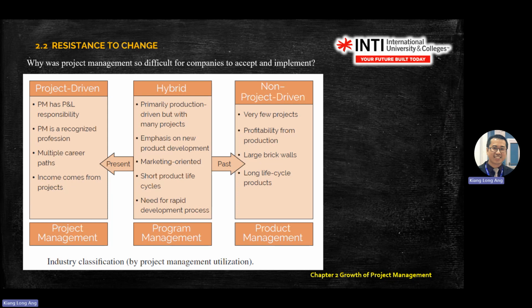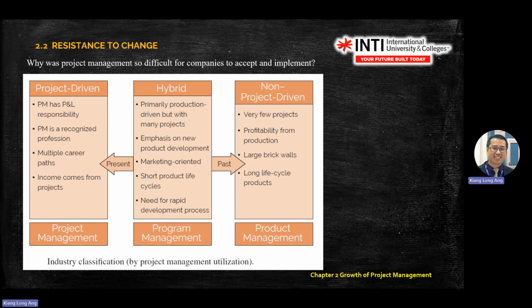And the person was appointed as project manager, and he is a candidate for the next maybe director or something. Then that person focuses mainly on the income from the project.